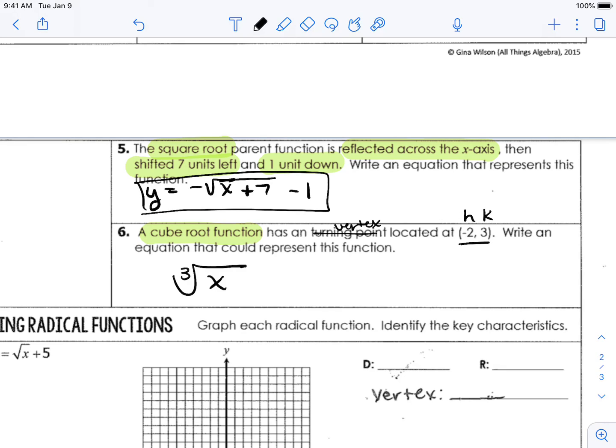That's going to tell me that I have a -2 underneath my radical, and then a +3, so that gives me that part. And when I deal with this negative right here, I can rewrite that and say that's really going to be a plus sign. And I'm going to put my y equals out front so that I have an equation.